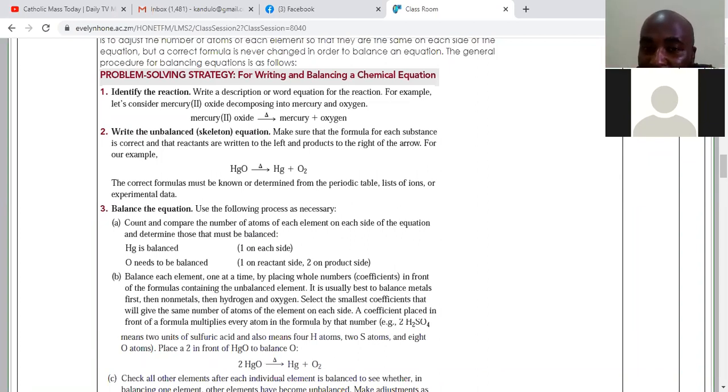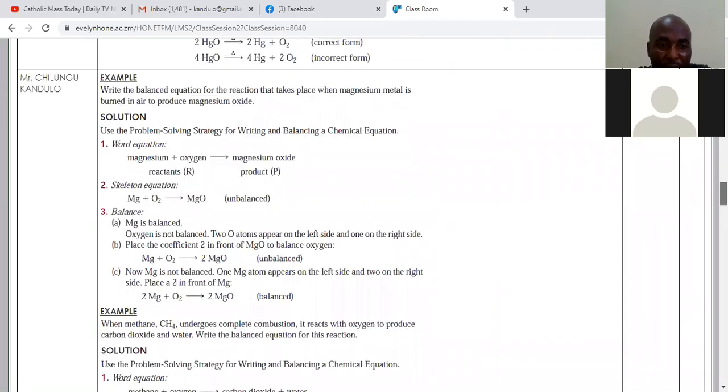It's your job as a chemist to know that this hydrogen is H2, and to know how to balance.